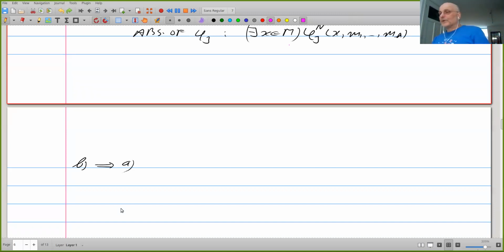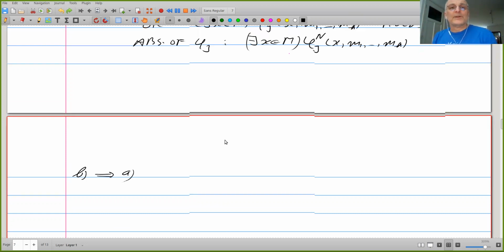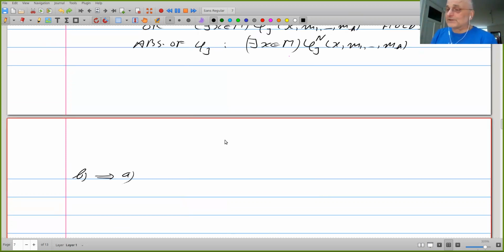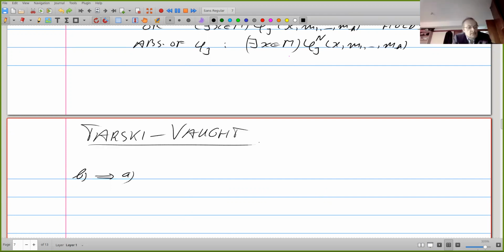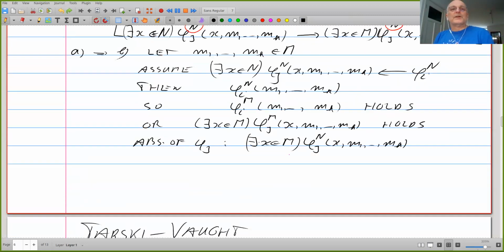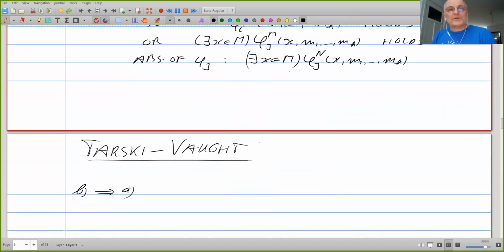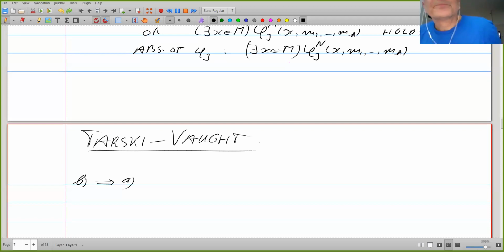Okay, here we go. As Cheng Lao mentioned, this looks very much like the Tarski-Vaught criterion for elementarity. And this is actually, for those who know this, this result is essentially due to Tarski and Vaught about absoluteness of formulas between structures.